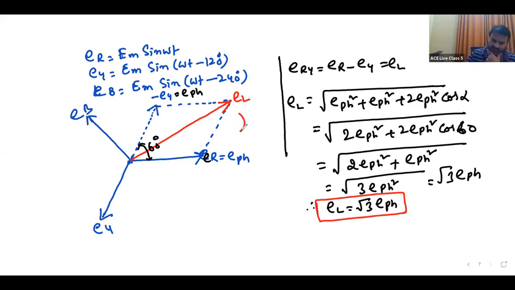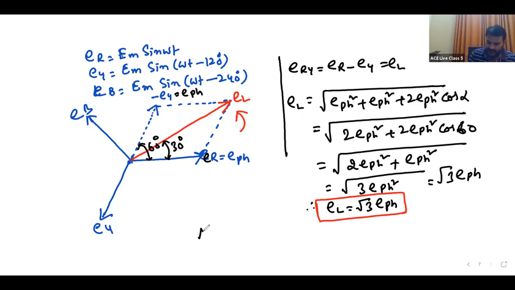And the phasors are rotating in the counterclockwise direction. Then only ER at 0, EY at minus 120. Then what about the line voltage? Line voltage leads the phase voltage by 30 degrees. I am taking the R phase voltage as reference.